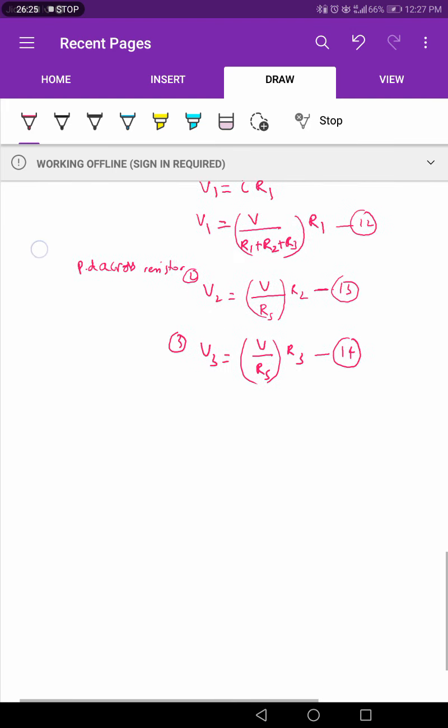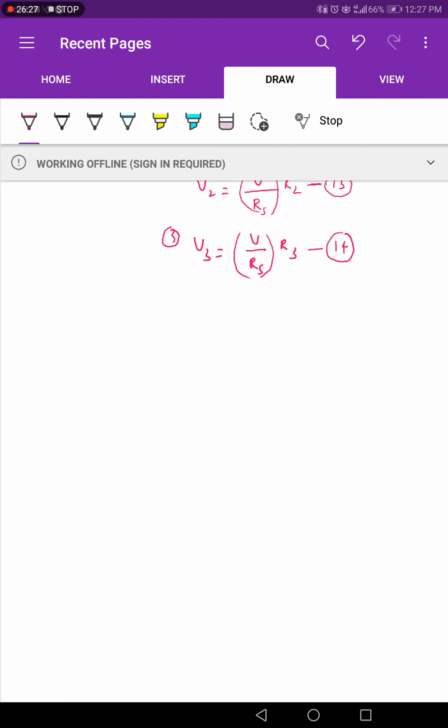For a circuit of 2 resistors, R1, R2, we will write. Most of the cases we are using this kind only.